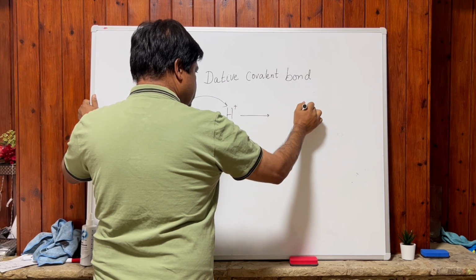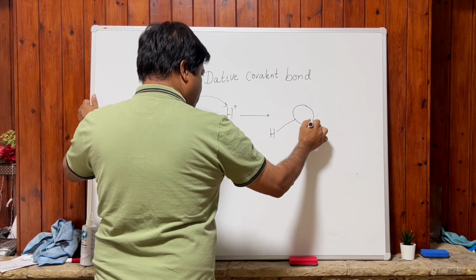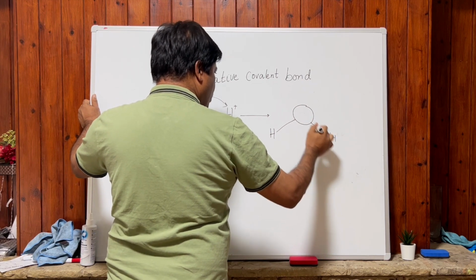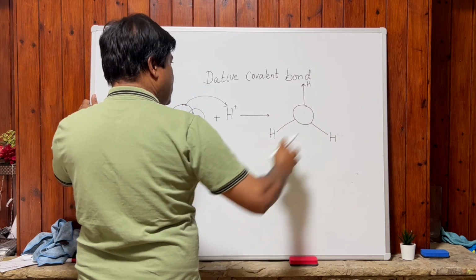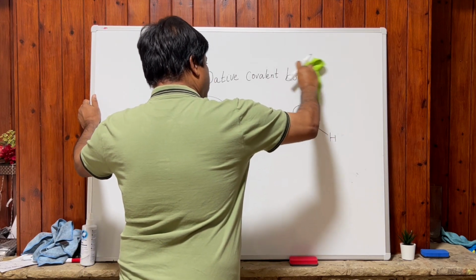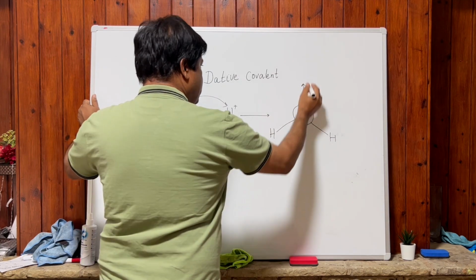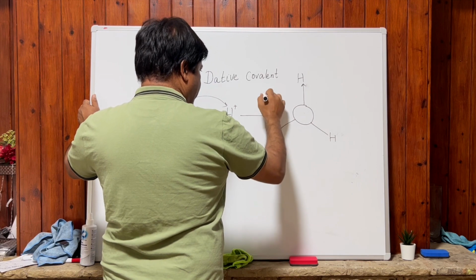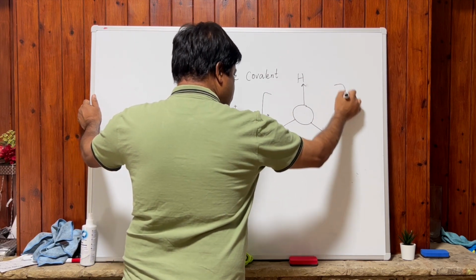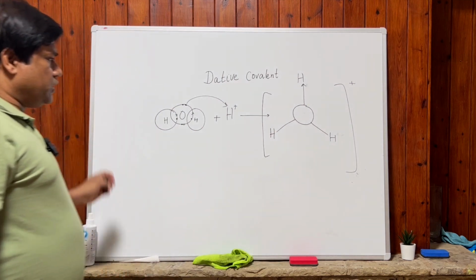Oxygen has 1 hydrogen here with a normal covalent bond, and 1 more hydrogen. This hydrogen had a positive charge before, and now it has gained 2 electrons from this oxygen. For a positive ion, you have to put a plus charge here.